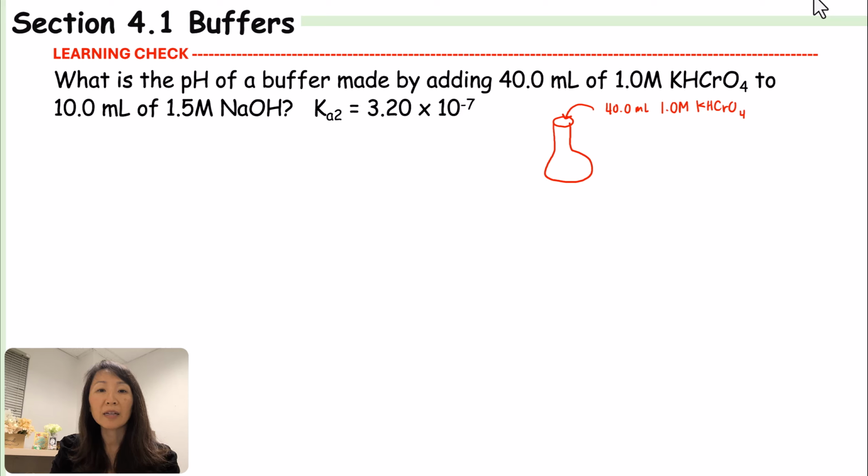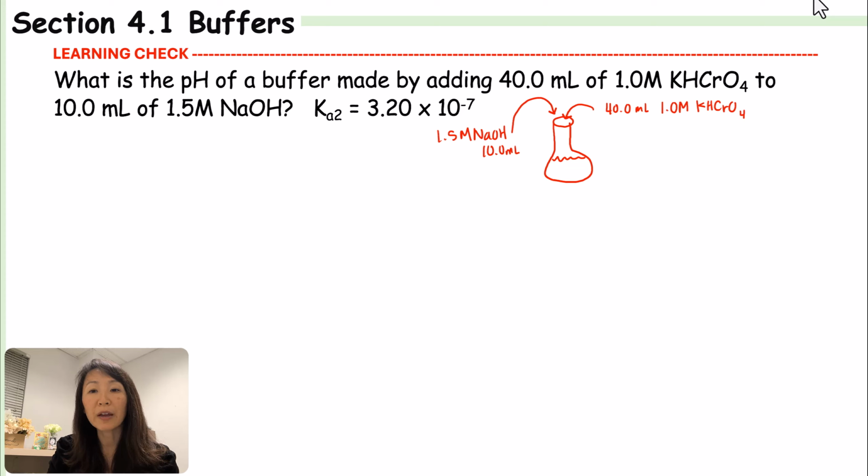Then we take another substance, NaOH, a very strong base. We take 10.0 mL of that, at a concentration of 1.5 molar. We're going to mix these two substances together.